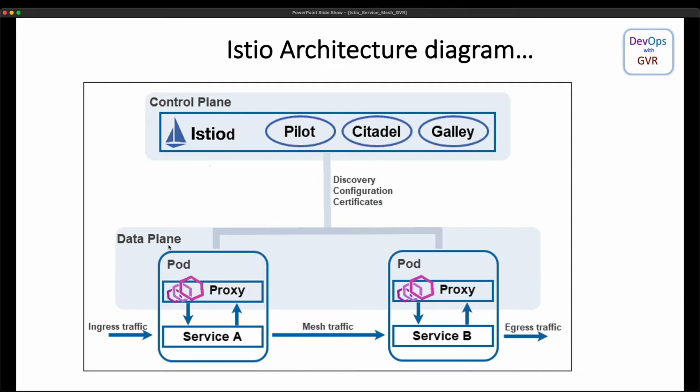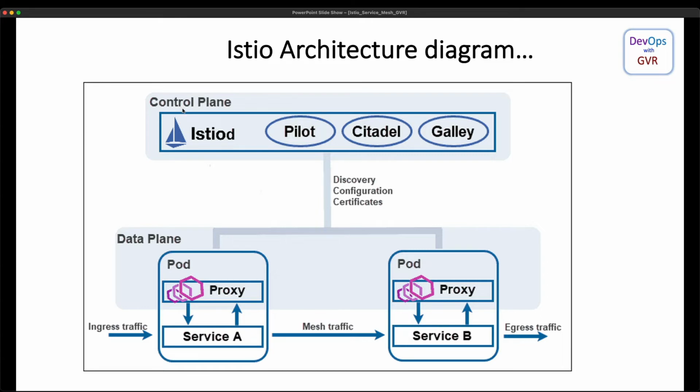Second, this is the data plane. Data plane is nothing but all the pods; ultimately pods, right? Kubernetes is nothing but that. And the control plane. Control plane is Istio's main component where Istio specific admission controllers are running.